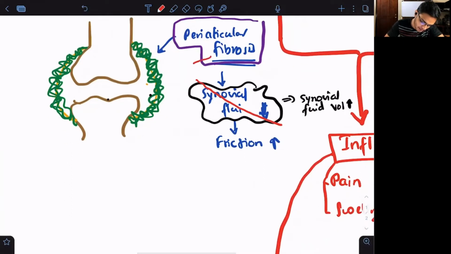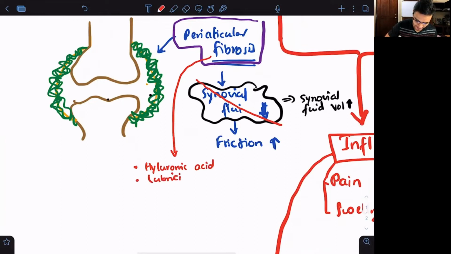Due to periarticular fibrosis, what we say is, now what are the components of synovial fluid? We have hyaluronic acid, lubricin, and then some proteases, collagenases, etc. But the main two are hyaluronic acid and lubricin. What we say is that these two productions can reduce a little bit.